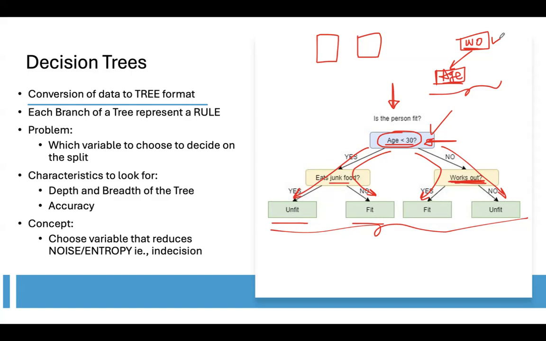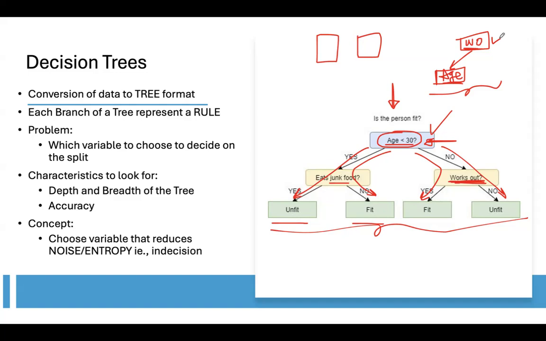Right? And what should be the third question? This decision tree, which I'm showing you here, is only asking two questions. So here, I have asked the first question about the age, then on the left branch, I am asking about the food, and on the right branch, I am asking about the workout.